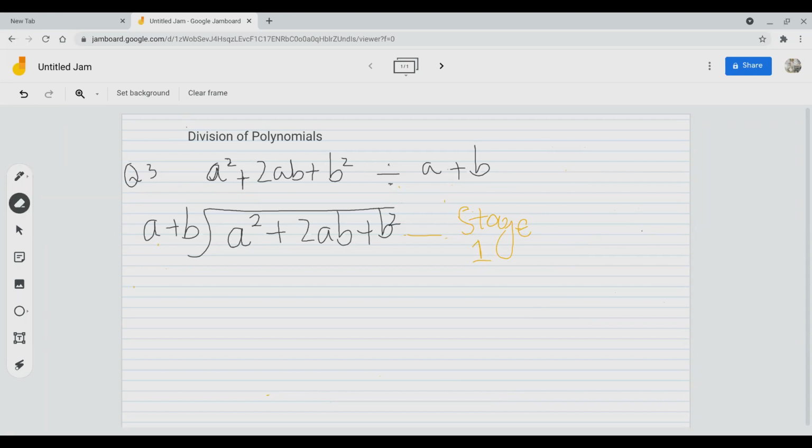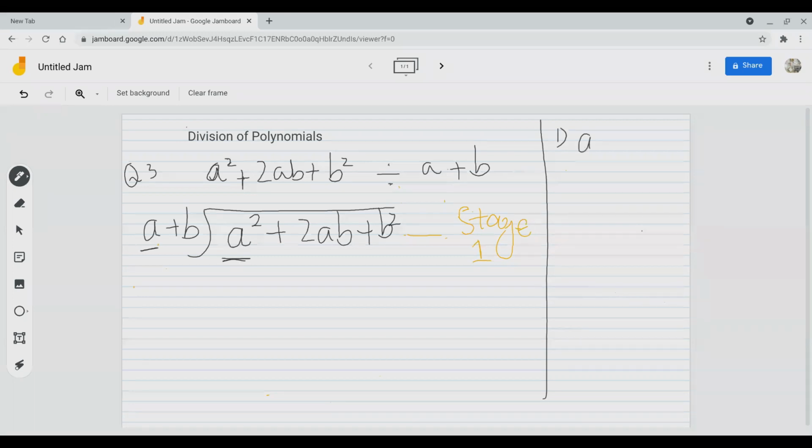The first one is: you will forget about everything else and only see the first term of the dividend inside and the first term of the divisor outside. First term inside, first term outside. Only see this, step number one.